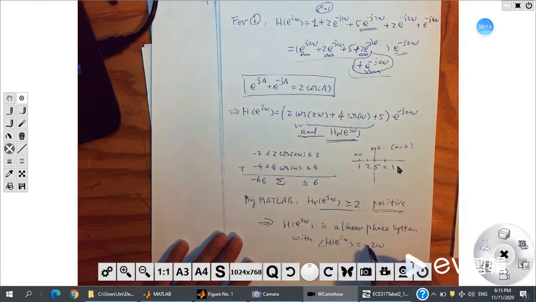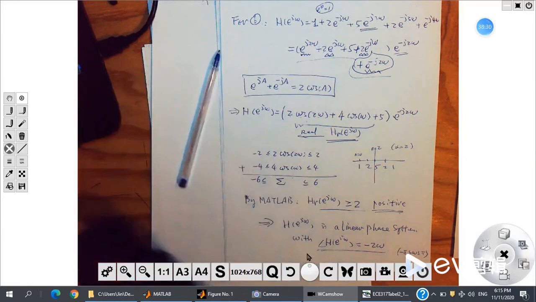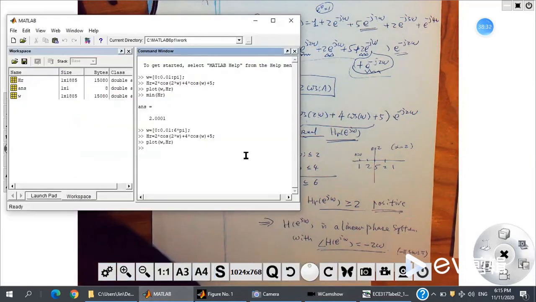Here should be negative alpha omega. And of course, this is just for omega between negative pi to pi. If you go outside, it is not still like this. We can see more. Yeah. Here I have an omega, right?